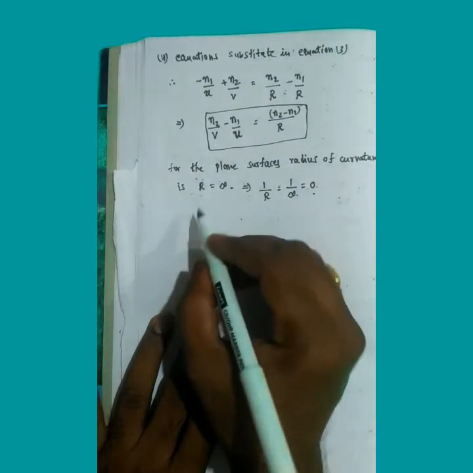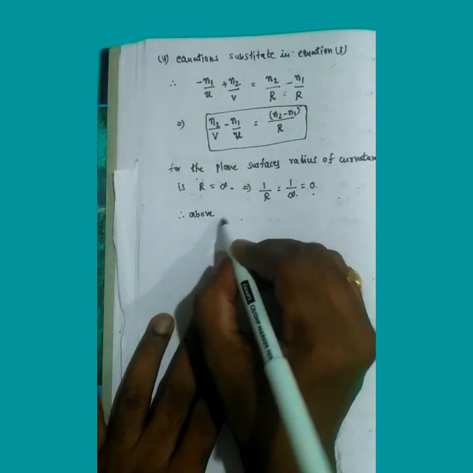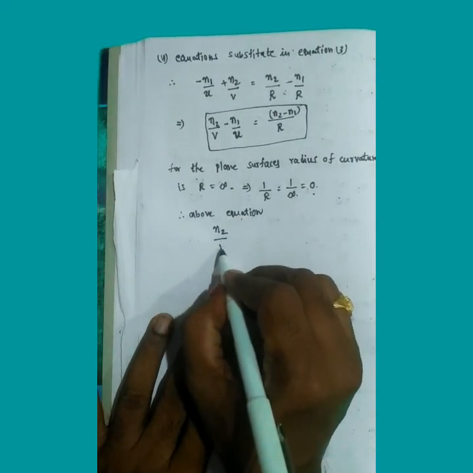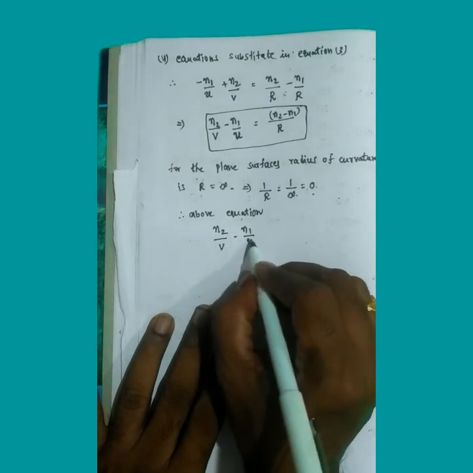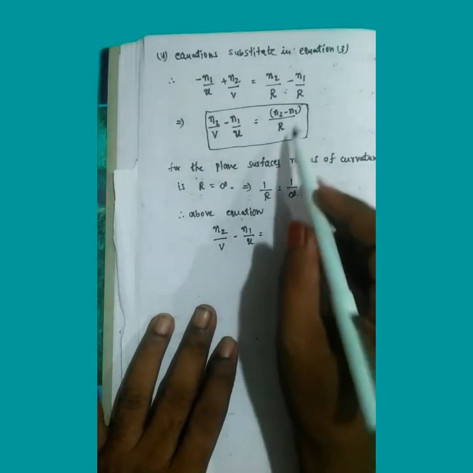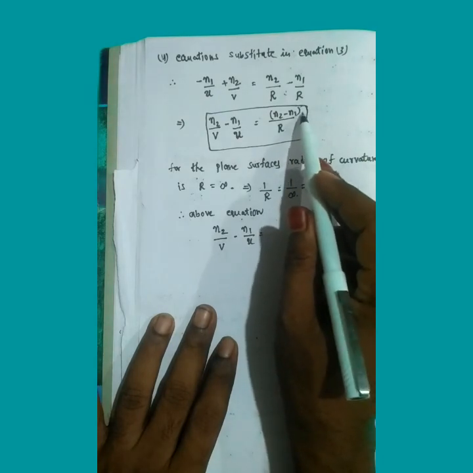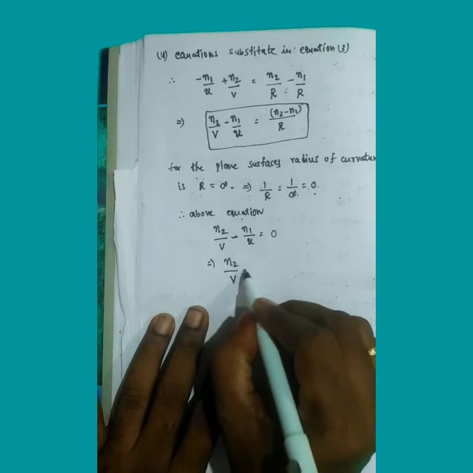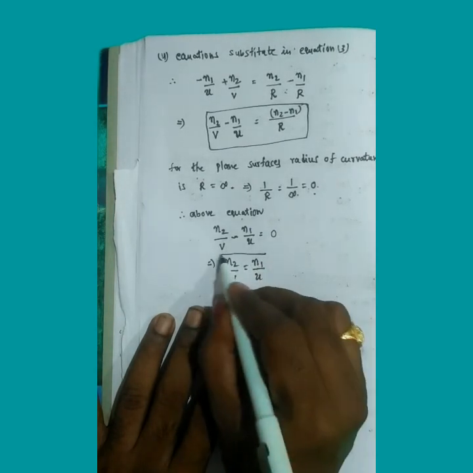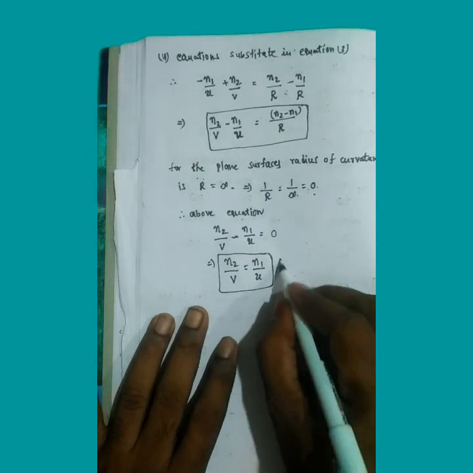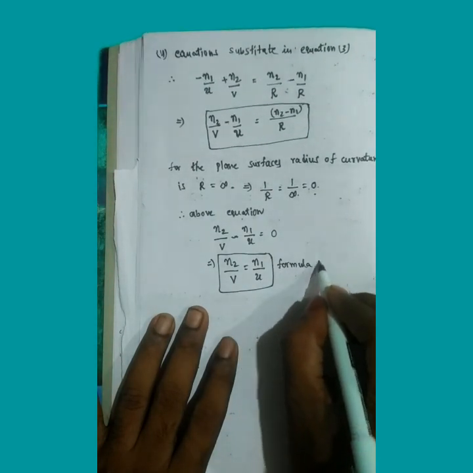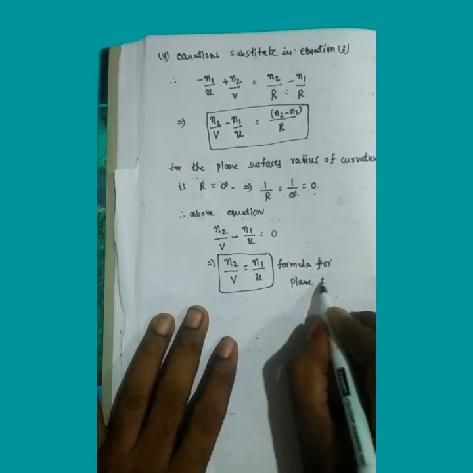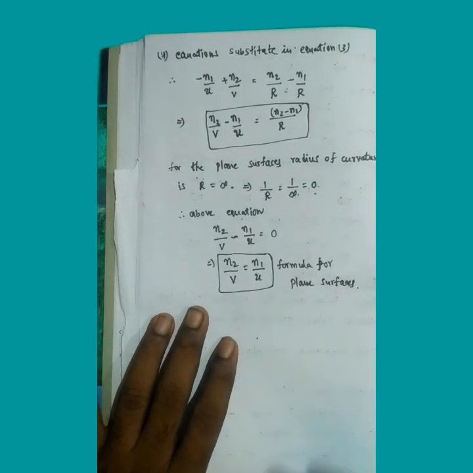Then the above equation becomes n2 by v minus n1 by u equals 1 by r, that means 0. That implies n2 by v equals n1 by u. This is the formula for plane surfaces. This is our concept. Thank you.